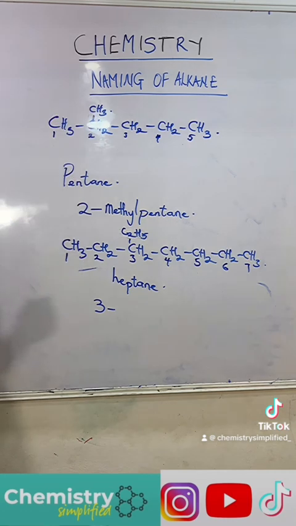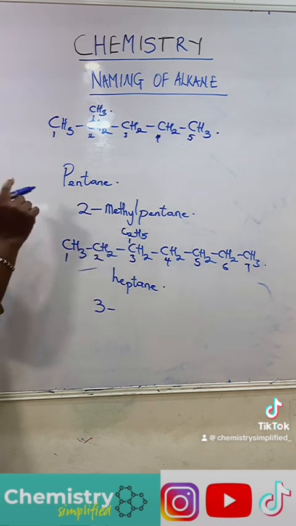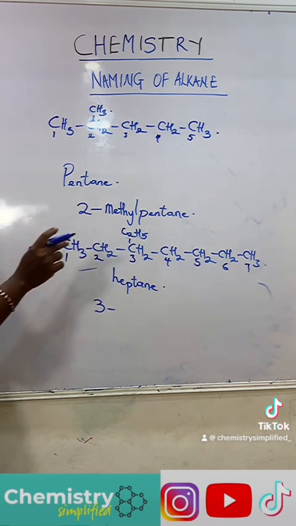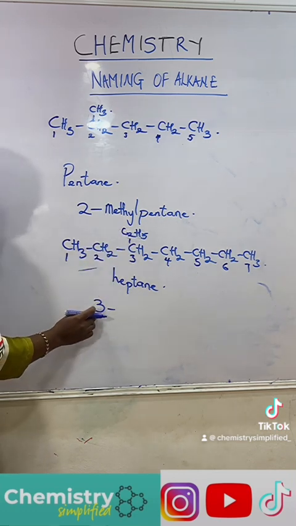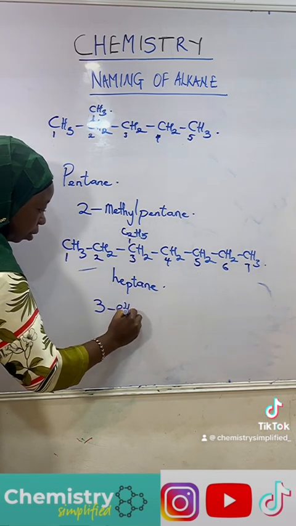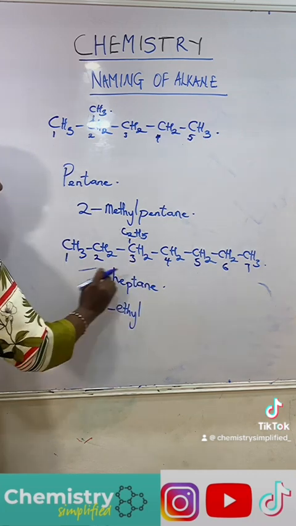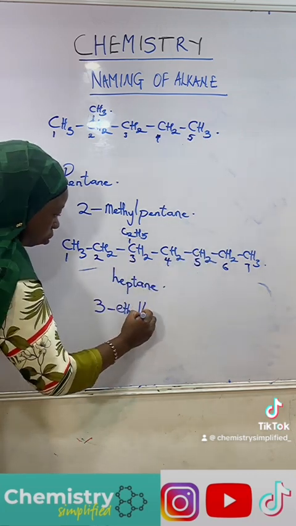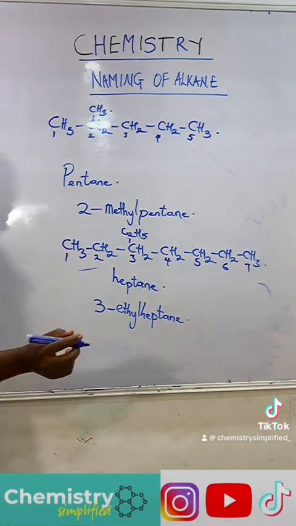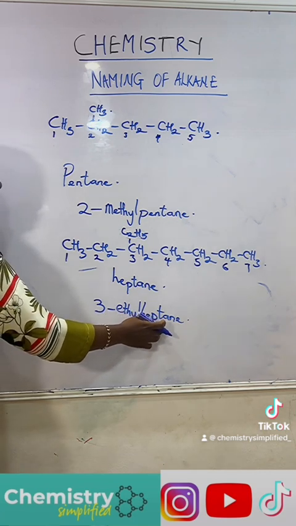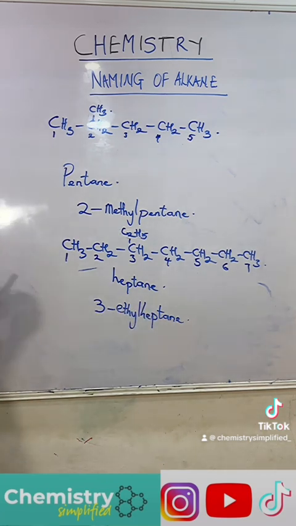So any member that contains 2 carbon atoms under alkane is supposed to be ethane, right? But here, remember, it is an alkyl group. So instead of it being ethane, it's going to be what? Ethyl. So here it's going to be 3-ethyl. The longest chain is heptane, so you add that to it. So eventually we have 3-ethylheptane. You can see that it is very, very simple.